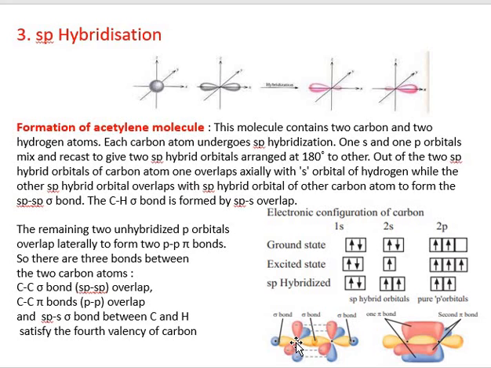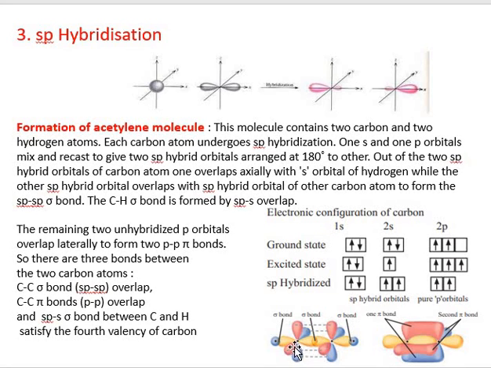One sp orbital of this carbon will overlap with another sp orbital of the other carbon atom to form a sigma bond, and the two pure p orbitals of this carbon atom and two of the other carbon atom will overlap laterally to form pi bonds.